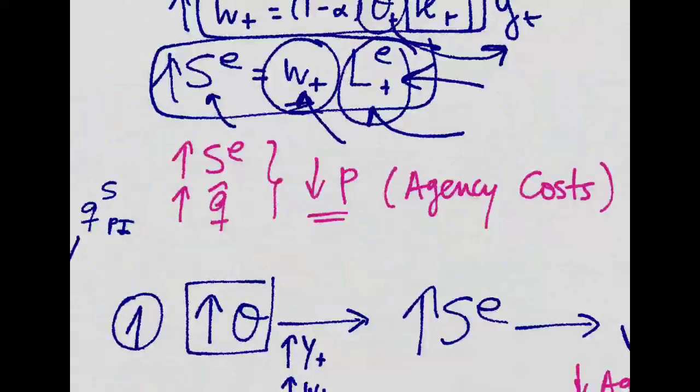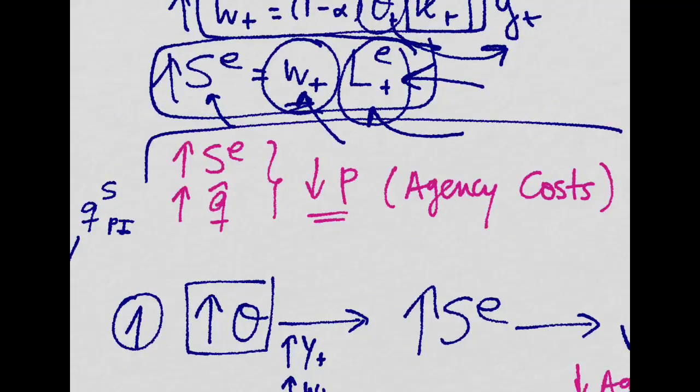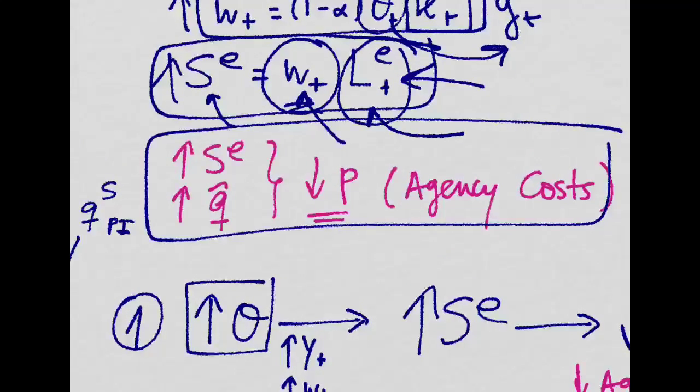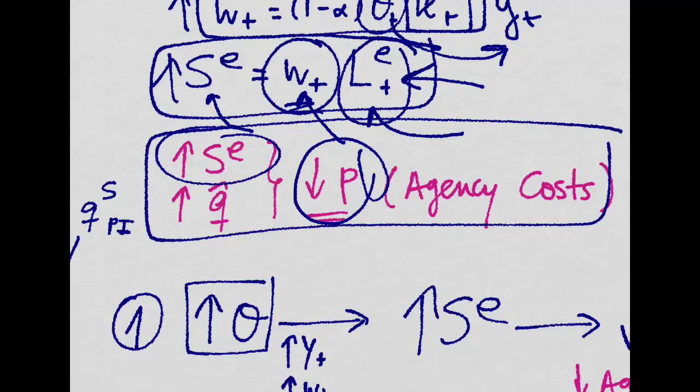Now remember, we said the two key things here were that whenever the entrepreneurs were more wealthy, then they had more money of their own in their projects, so they needed to borrow less with respect to the total investment, and because of that, it was less likely that they were not able to repay, so they were more solvent, and thus agency costs went down.